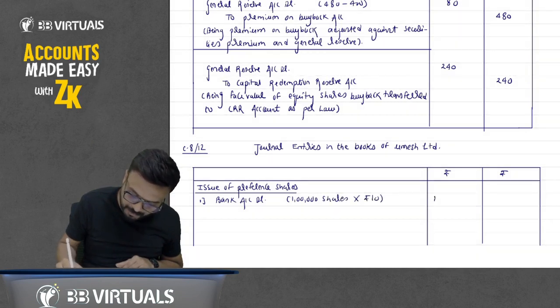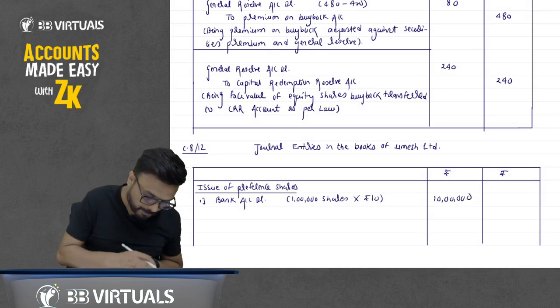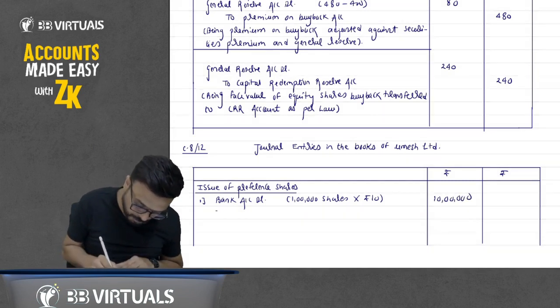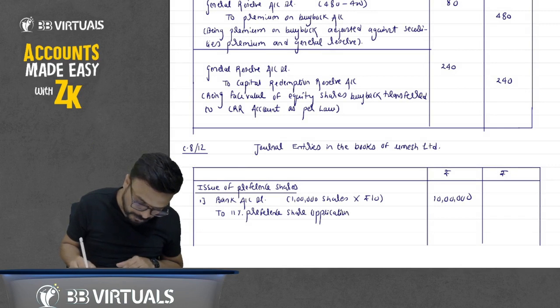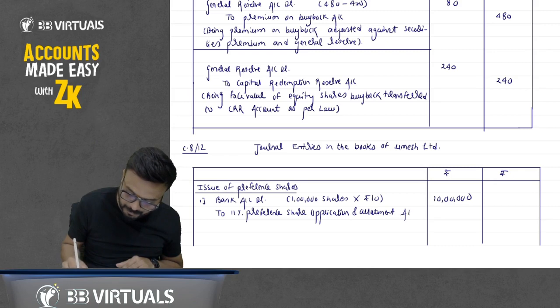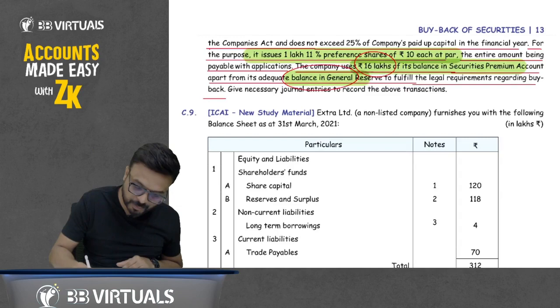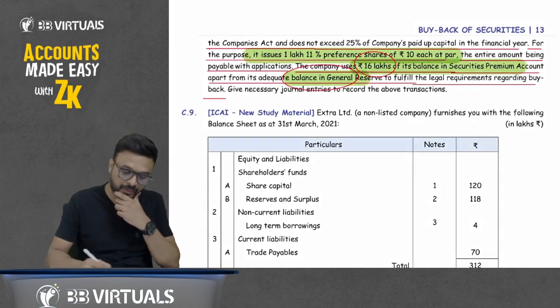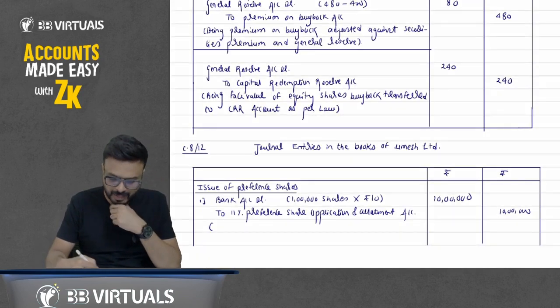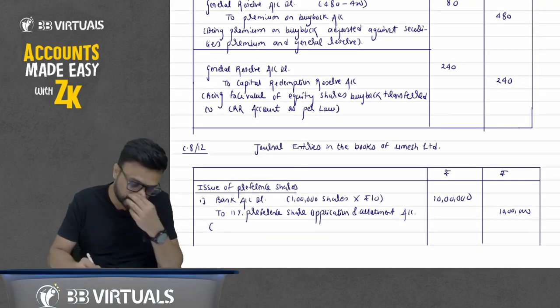So multiply by 10, that comes to 10 lakh, to 11% preference share application and allotment account, that we are receiving at the time of application and allotment, 10 lakh. Because it is mentioned in the question that the entire amount is receivable with application, we will say here application, and then we will cancel it. Issue of shares entry.